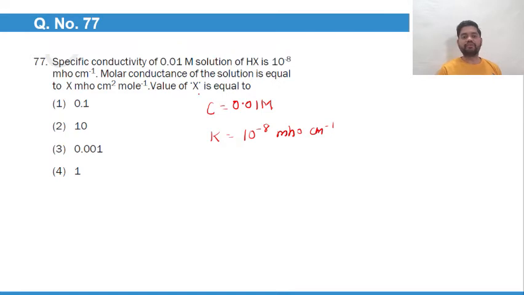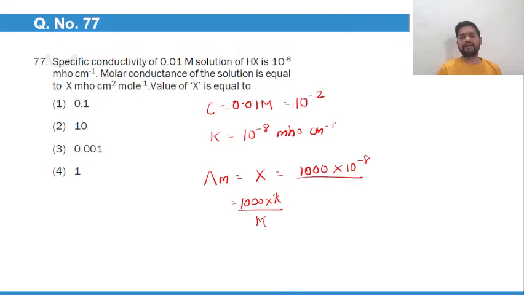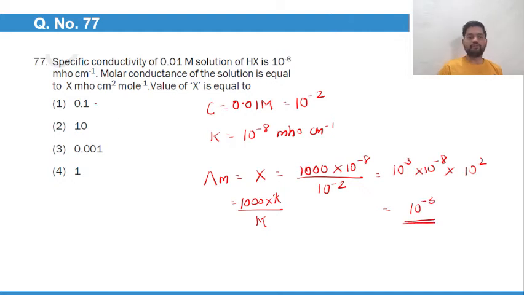Molar conductance lambda m is equal to 1000 times K by M. So 10 raised to minus 8, the concentration is 0.01, I can take it as 10 raised to minus 2. So that will give you 10 raised to 3 into 10 raised to minus 8. This 10 raised to minus 2 goes up, becomes 10 raised to 2. So finally it will be 10 raised to minus 3. So 77, option number 3 is the right answer.